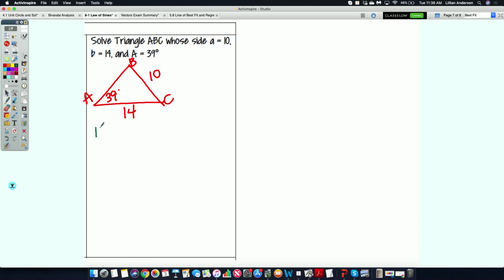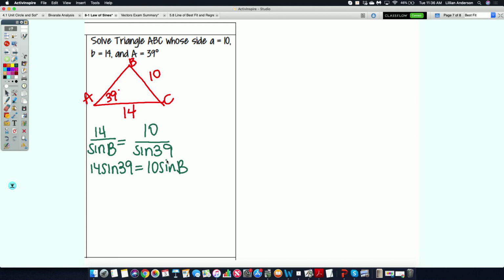So I set it up. 14 divided by sine of angle B is equal to what? 10 over the sine of 39. Okay? I still solve this how we did before. Cross multiply. How do I solve for B?